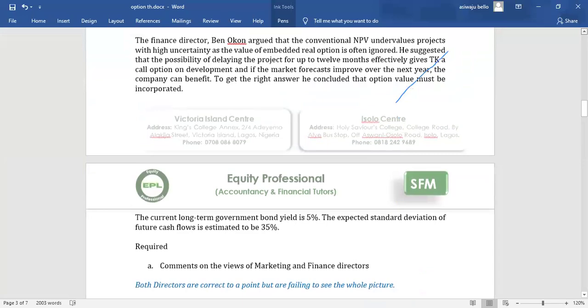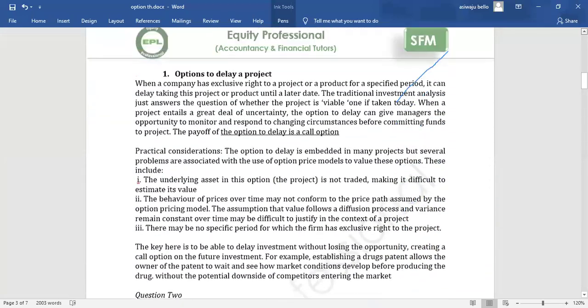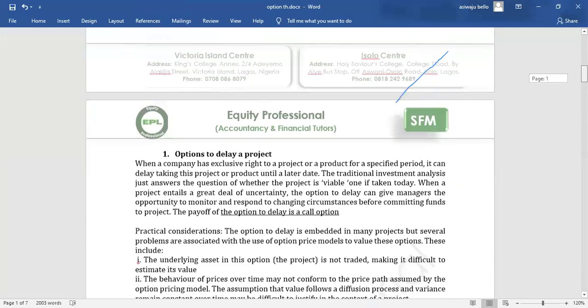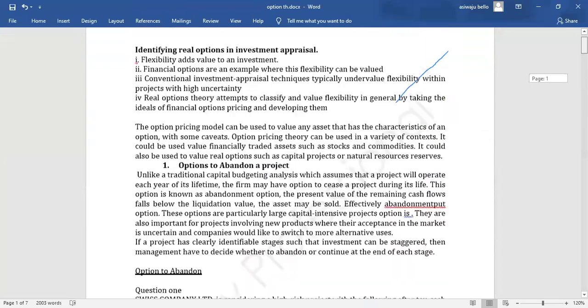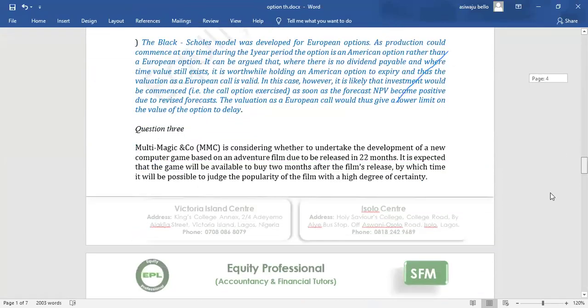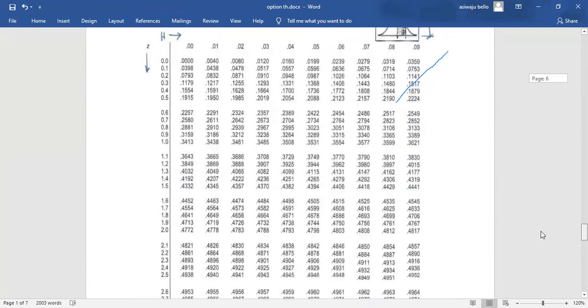Let's go to the normal distribution table.